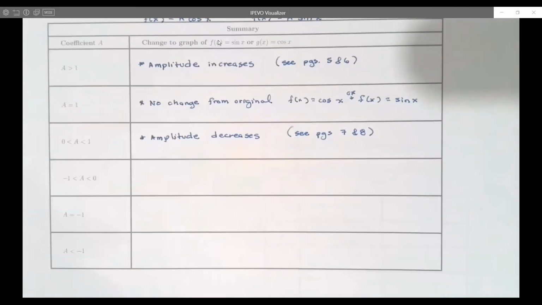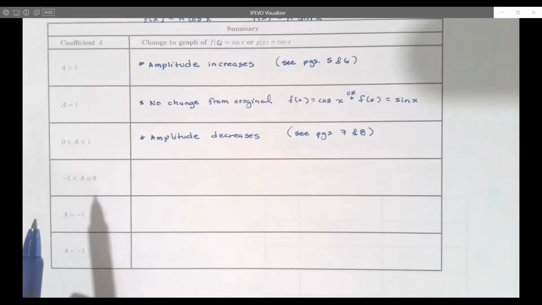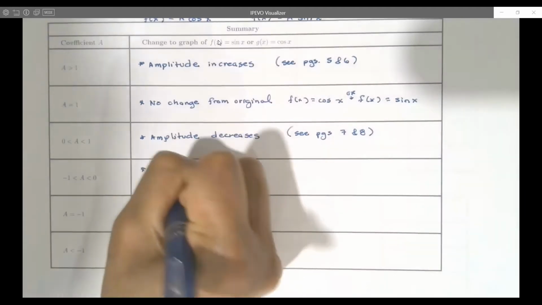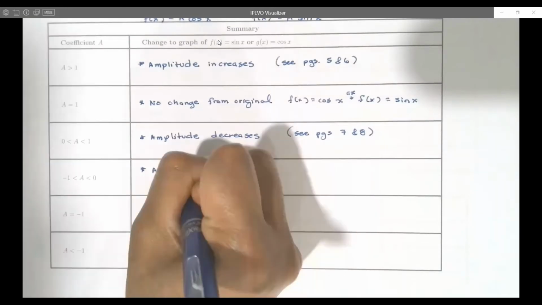Okay, what happens if the number is between 0 and -1? So it's negative, but it's still some type of fraction or decimal. What happens there? Does it also decrease? Yeah, very good. It's still going to decrease, right? Because if it's -1/2, it's going to make the amplitude smaller, so it's going to decrease.